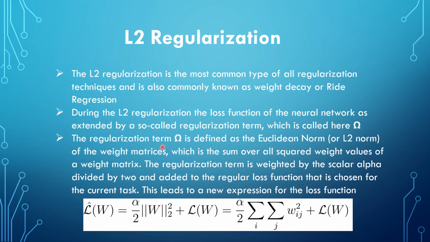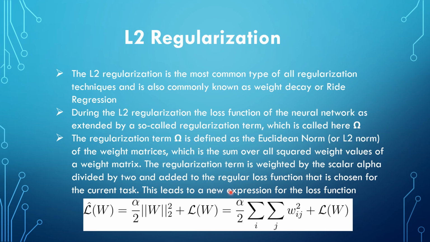The regularization term omega is defined as the Euclidean norm of the weight matrices, which is the sum of all squared weight values of a weight matrix. The regularization term is weighted by the scalar alpha divided by 2 and added to the regular loss function that is chosen for the current task.